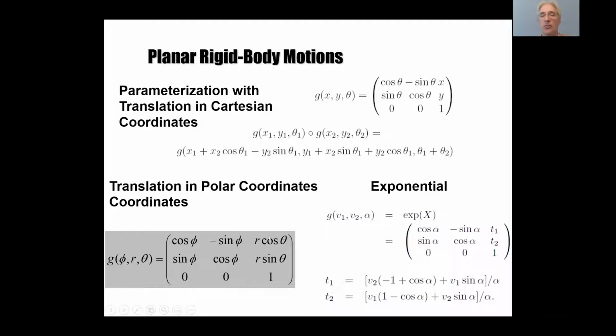You could use polar coordinates for the translation, which in fact is done when writing the irreducible unitary representations of SE2 in terms of Bessel functions, going back to Vilenkin and Willard Miller and others from the 1950s, 1960s. And moreover, we can also parameterize the group using the exponential map. And so, in fact, the exponential map is surjective in this case.